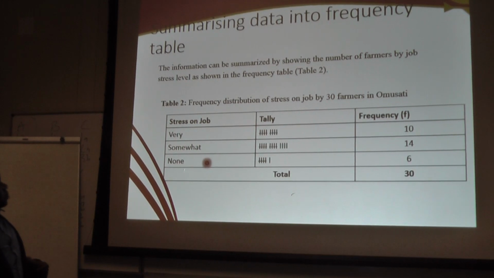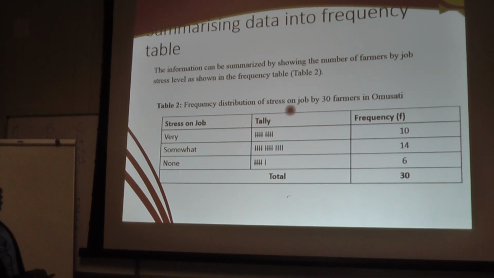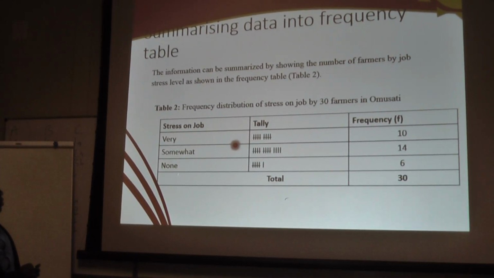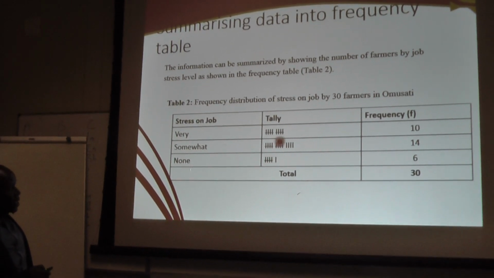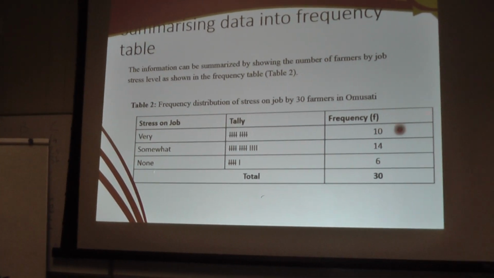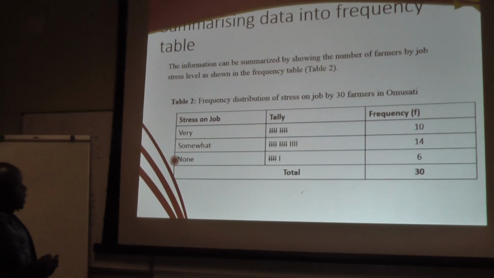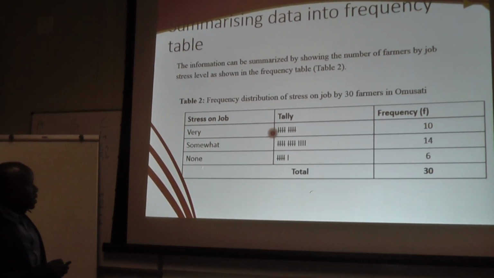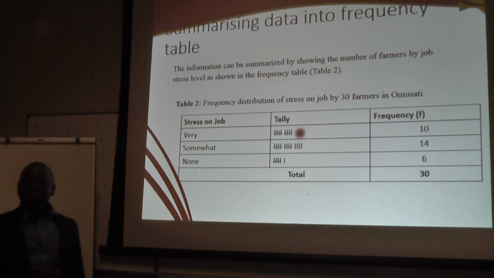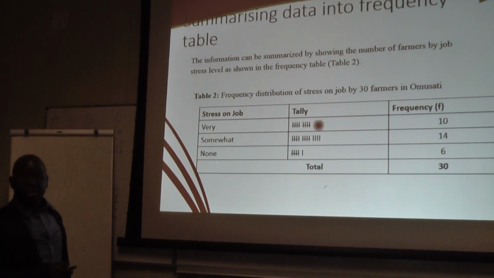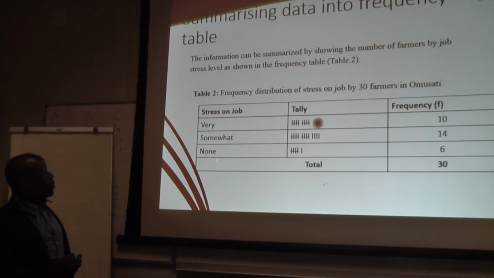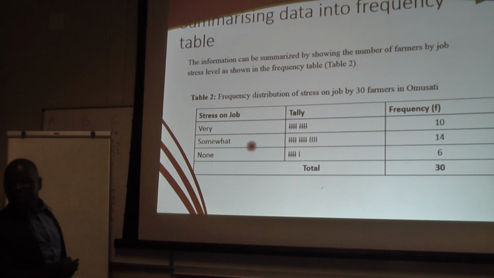So what you need to do is to put stress on the job as your variable. You produce a tally, and then you indicate the frequency. How many farmers said they are very stressed, somewhat, and none? You can see here, the idea of producing a tally is to make sure that you don't run the risk of skipping a certain farmer who gave a response.